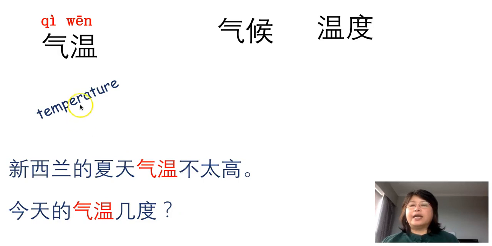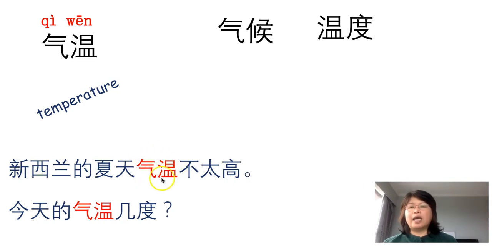Another way to say temperature, 气温. So we have learned 气 that means gas or air. 气温 so room temperature or air temperature. 温 is 温度 so just means temperature. 比如说新西兰的夏天气温不太高.